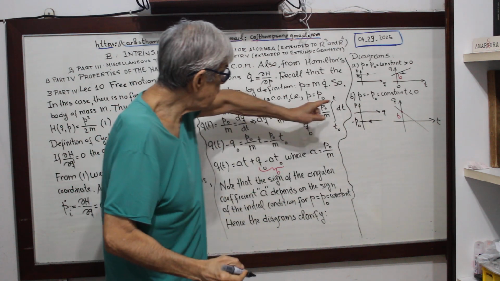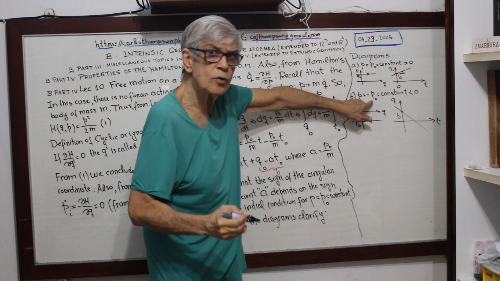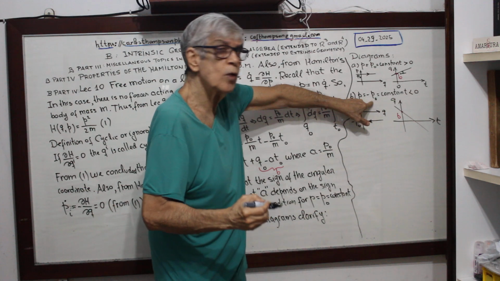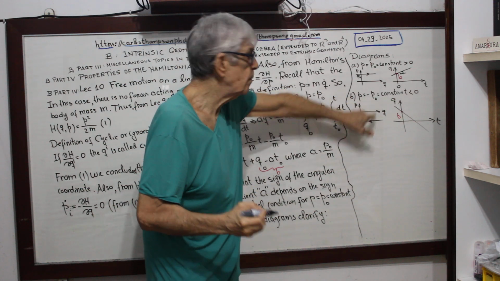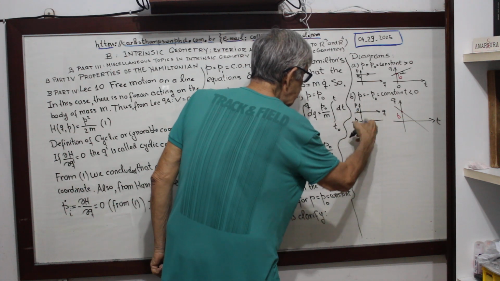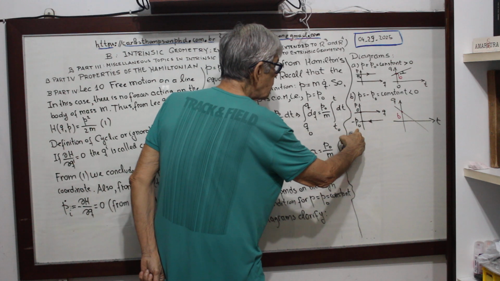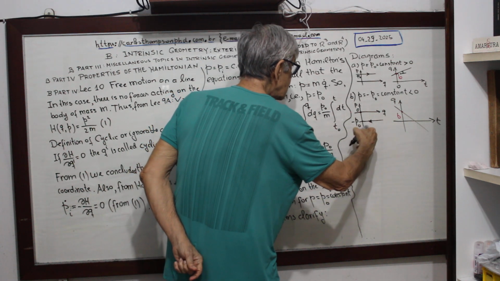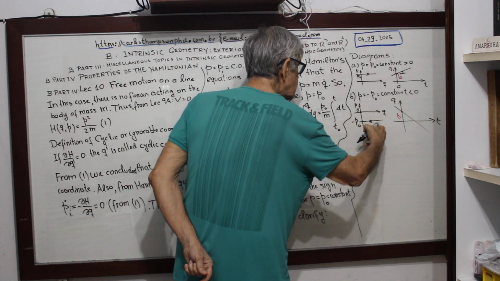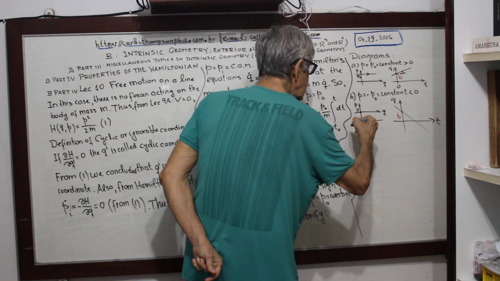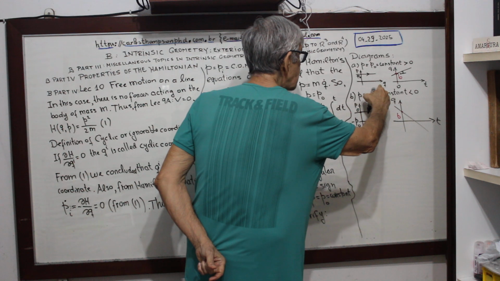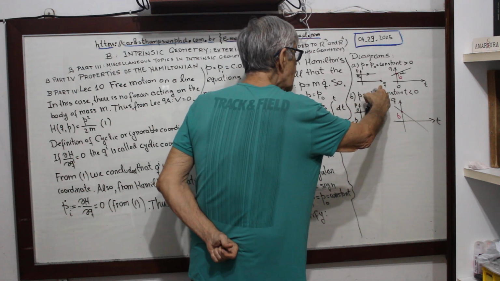Now, p is equal to minus p0. So in this case, the angular coefficient will be negative. Attention now, this is 0, so this is minus p0. Look how interesting. The direction here is from right to left, just opposite in this case. So the first direction is the same direction as the q-axis.